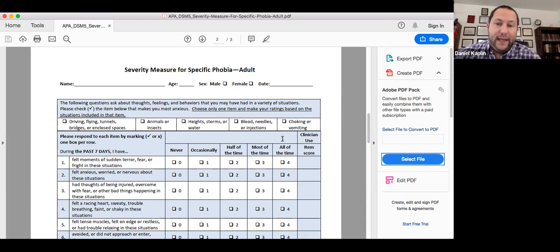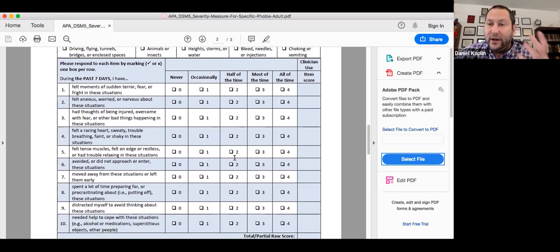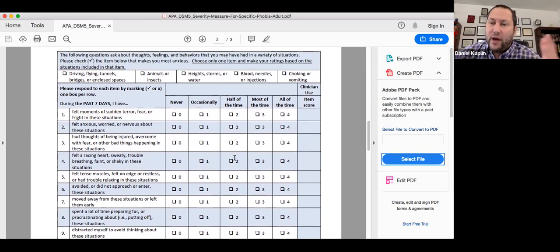So you'll see that while the criteria for a diagnosis of a specific phobia requires 6 months, this is a screening instrument. So we're trying to tap into what are the phobias they're experiencing, and in the last 7 days, how it's impacted them.